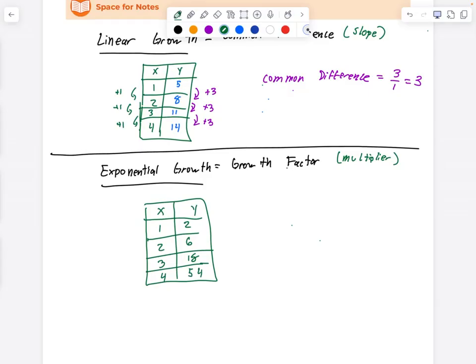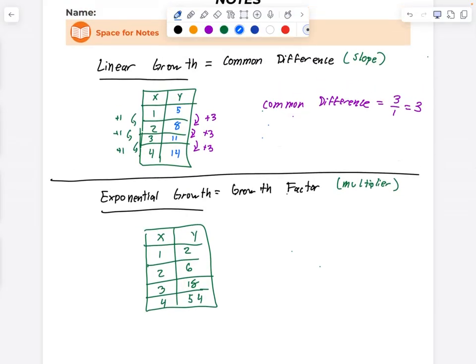Over here in the common difference, I pick two values like this, making sure it's going up by +1. And all I did was 8 minus 5. I subtracted the two numbers. I took one number and subtracted the number before because I knew it was linear. What do you think I'm going to do in this case?